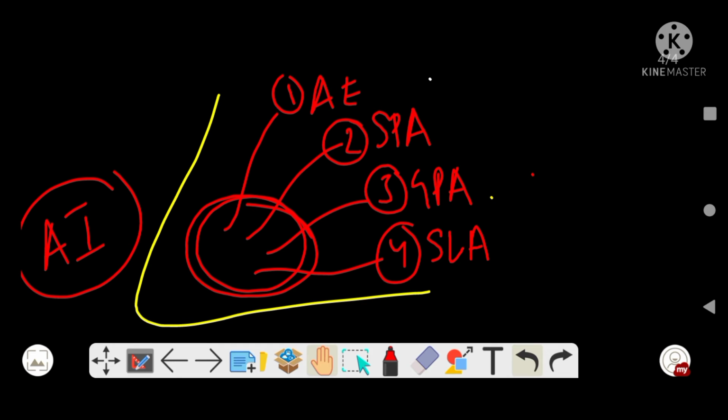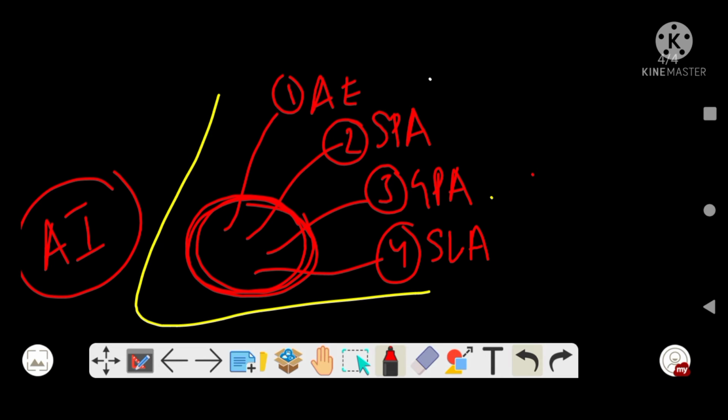These are your four arteries. The questions asked are a little in depth, so we will discuss that. First we will say what the four arteries are: anterior ethmoidal, sphenopalatine artery, which is the main one, greater palatine artery, and the fourth one is the superior labial artery.